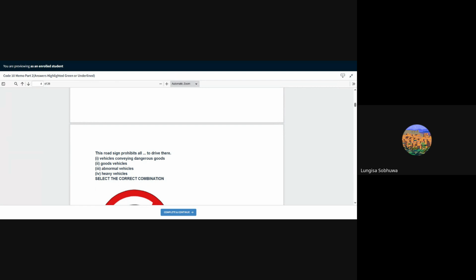We have to select the correct combination here. Let's read the combination. This road sign prohibits all of the following from driving there. Number 1, vehicles conveying dangerous goods. Number 2, goods vehicles. Number 3, abnormal vehicles. Number 4, heavy vehicles.